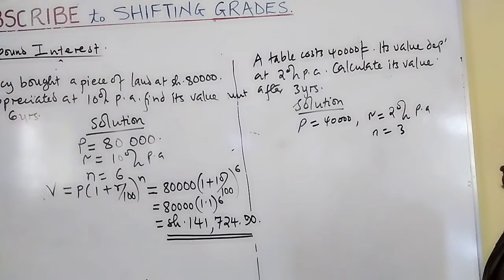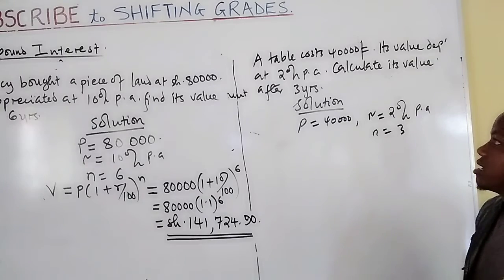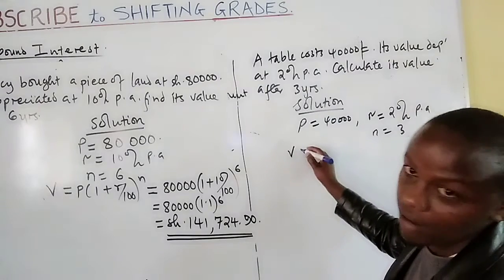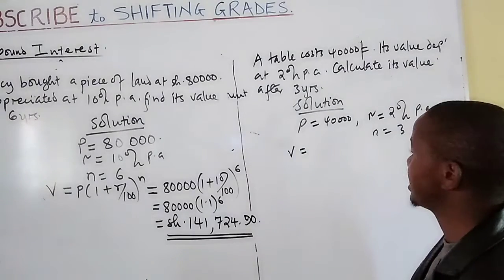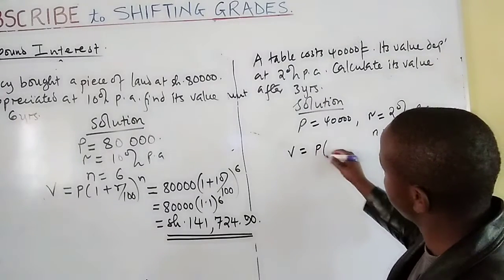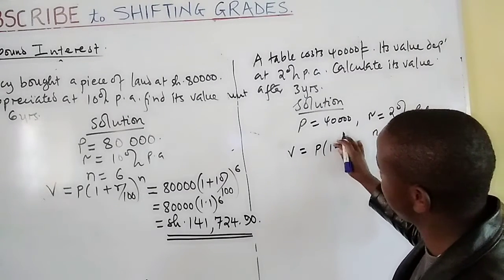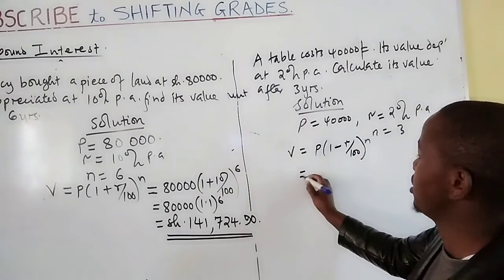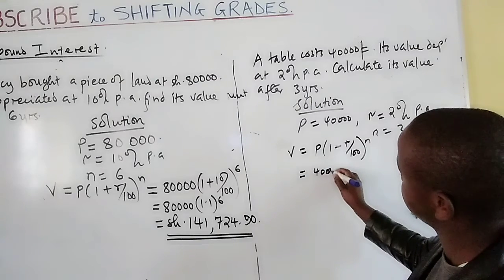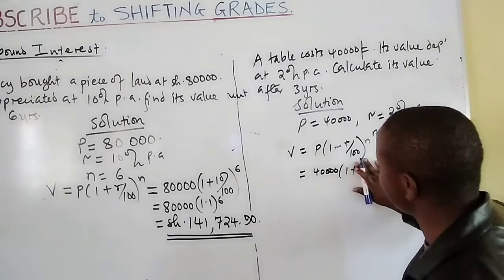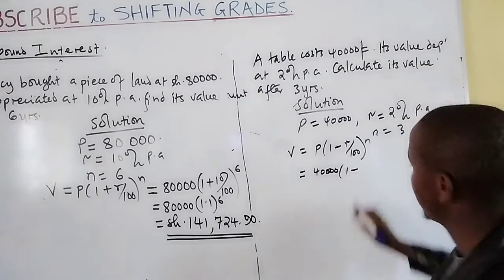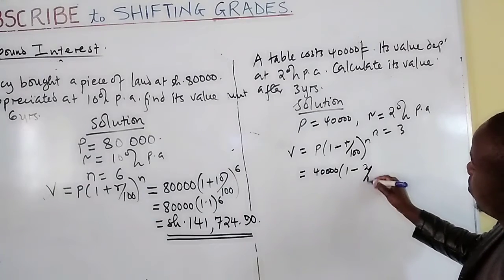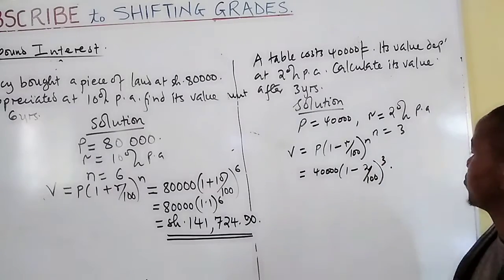Therefore, the new value when a commodity is depreciating is given by principal into 1 minus, now instead of a plus, minus the rate all over 100, raised to n. So this shall be 40,000 into 1 minus, sorry, as dictated by the compound interest formula. In this case, it's a minus then 2%, so 2 all over 100, raised to 3 or cubed.